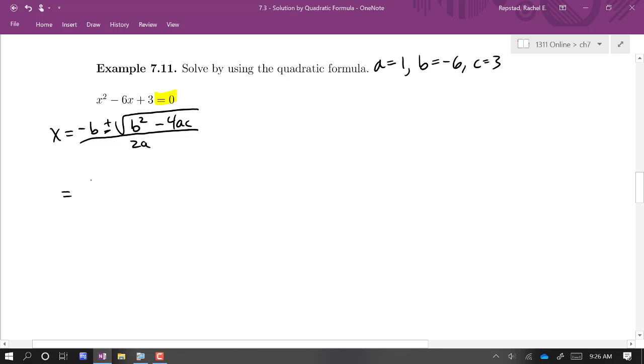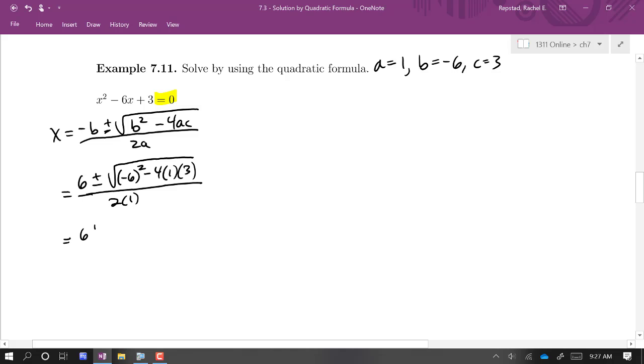So negative b is a positive 6, plus or minus the square root of negative 6 squared minus 4 times 1 times 3 all over 2a, 2 times 1.